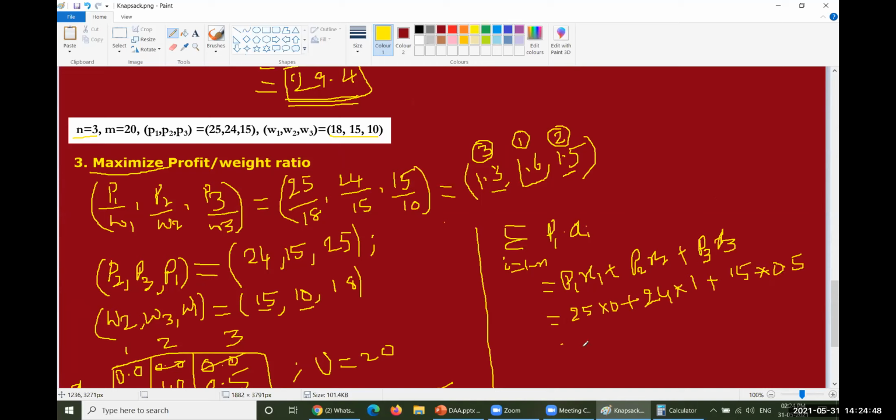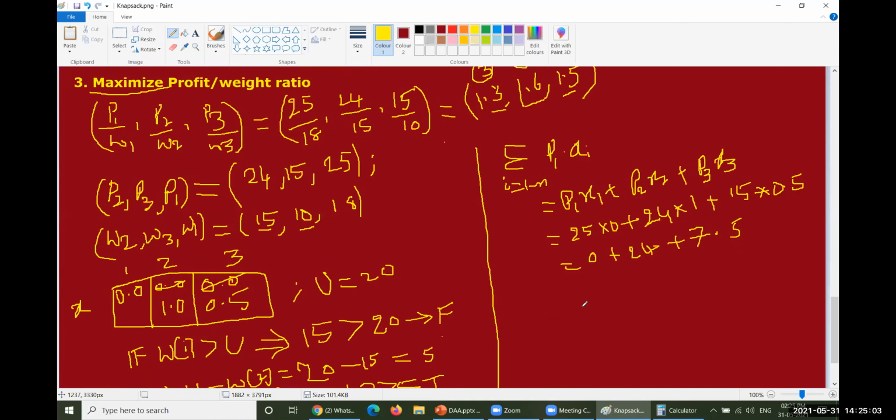That will be 0 plus 24 plus 15 divided by 2, that is 0.5, in the sense exactly half, that is 7.5. Therefore, approximately 31.5 units of profit is going to be acquired with the third one.